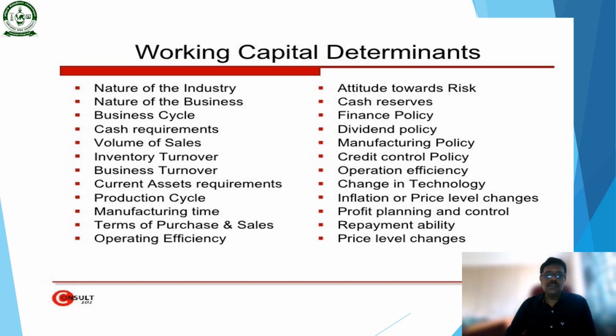The working capital determinants. Here we have listed these determinants of working capital: nature of industry, nature of business, business cycle, cash requirements, volume of sales, inventory turnover, business turnover, current asset requirements, production cycle, manufacturing time, terms of purchase and sales, operating efficiency, attitude towards risk, cash reserves, finance policy, dividend policy, manufacturing policy, credit control policy, change in technology, inflation or price level changes, profit planning and control, and repayment ability.